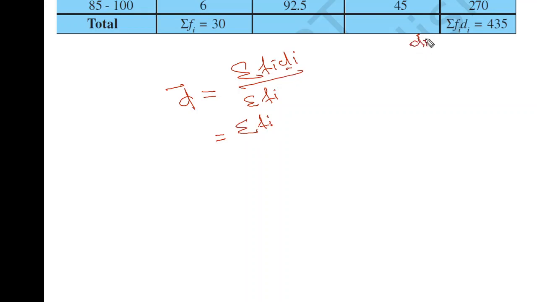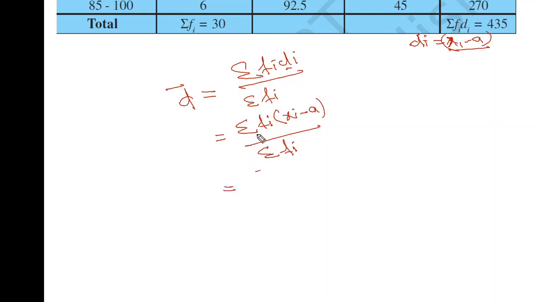If you can remember, di was nobody but xi minus a, isn't it? In the first part we have written di is equal to xi minus a. So in place of di we will write xi minus a, divided by sigma fi.